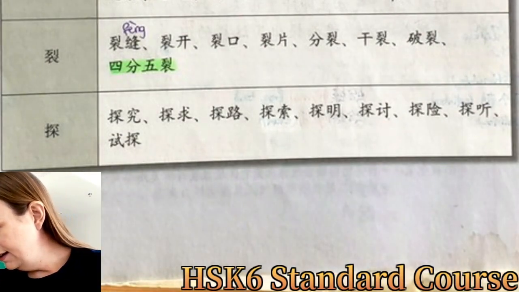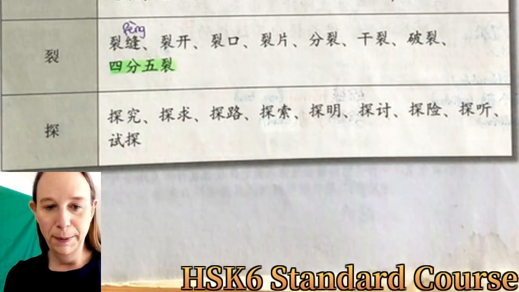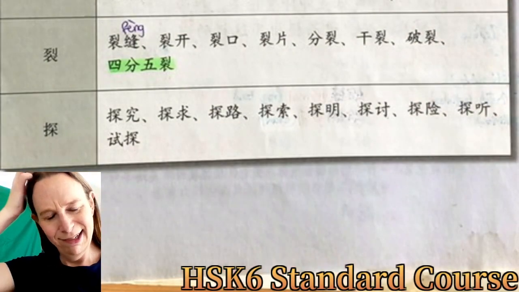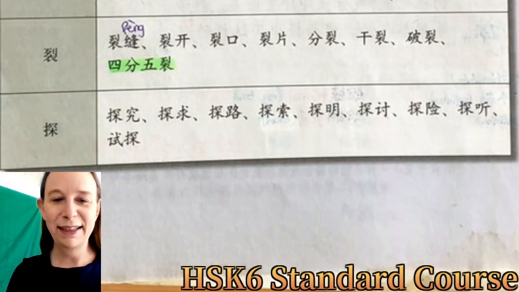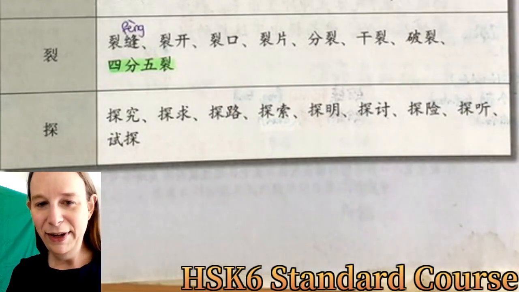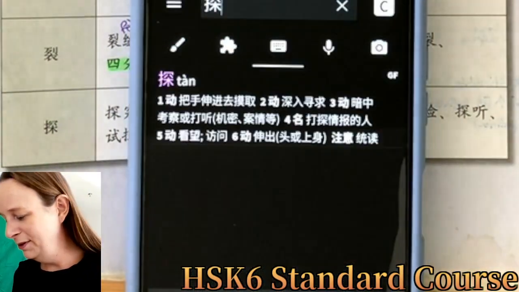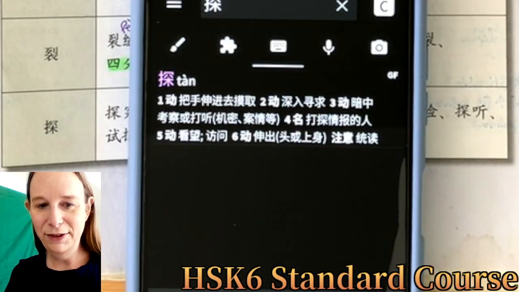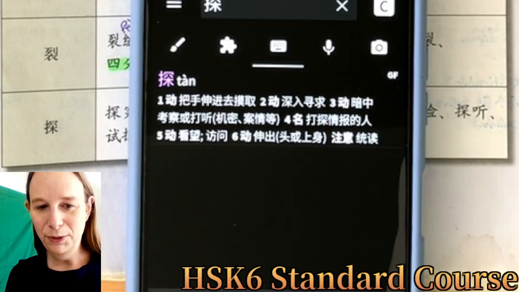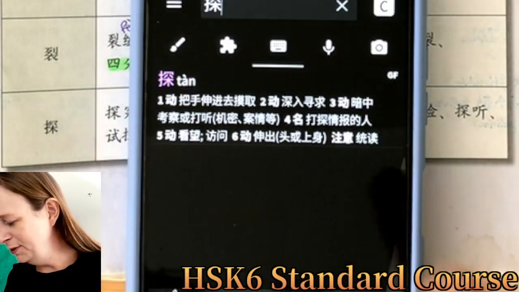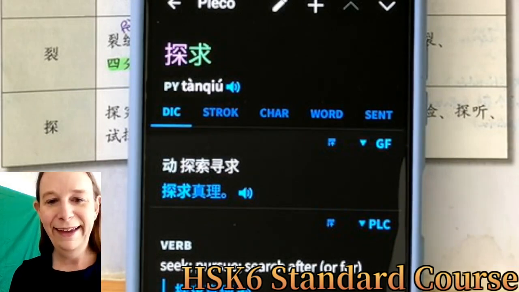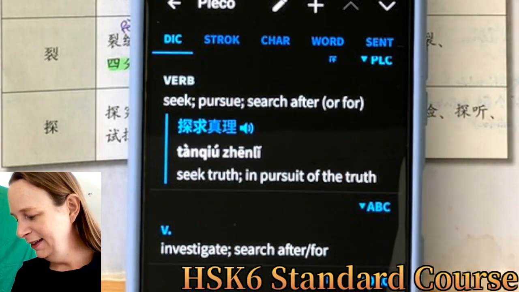Okay, next, 探求, so 求 means seek. Should I count these as green? I don't know, I kind of looked up the definition, it's like, oh yeah, that's pretty obvious now. 探求, to explore and seek. 探求与探索和求, not quite sure. 寻求, 探索寻求, yeah, seek. 探求真理.